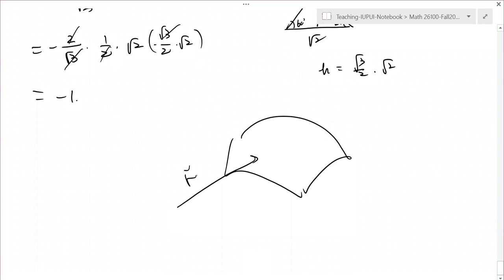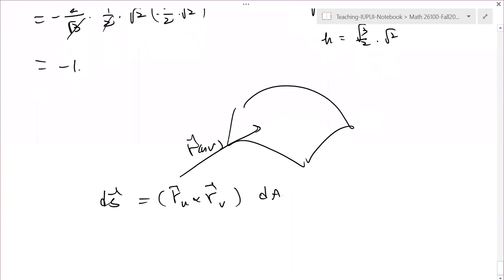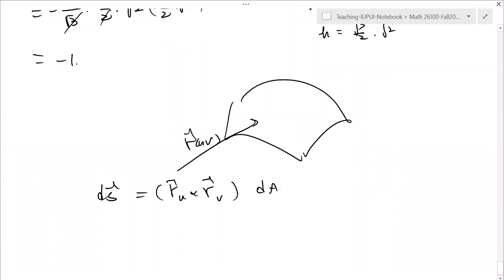If we have a parameterization u and v, right, and dS is going to be dA, right? Okay, dS du dv. Okay, and dS, this is the area element. dA. Okay.